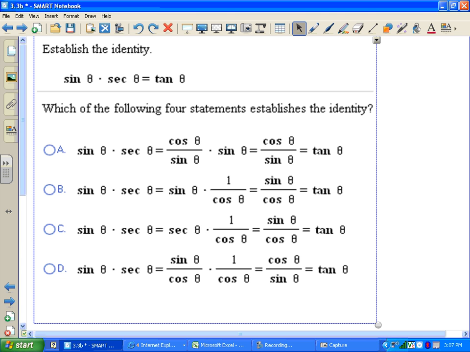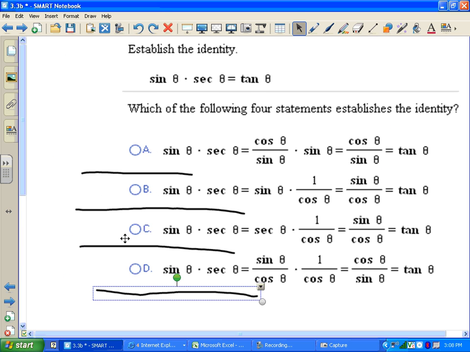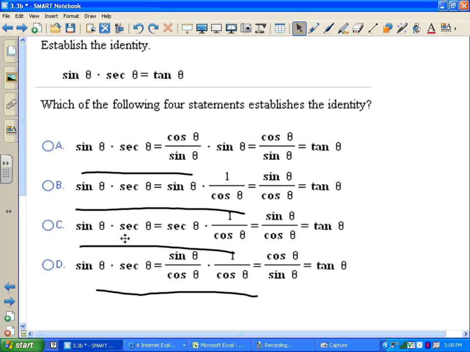Now, when I look at my first steps here, especially what I'm noticing is that in most of those cases, maybe with the exception of C there, they've gone from secant to cosine over sine there, okay?